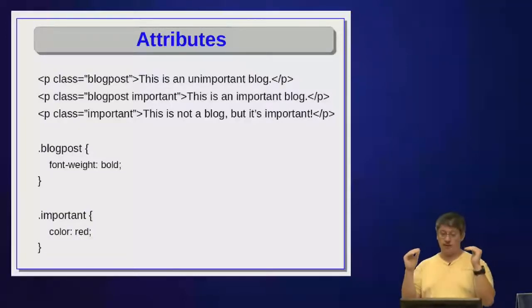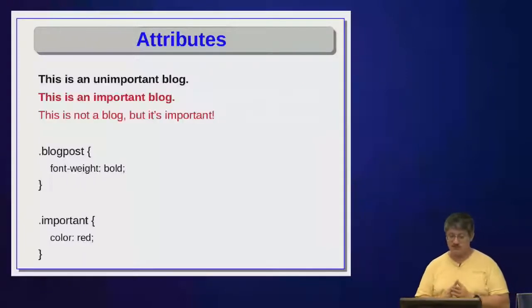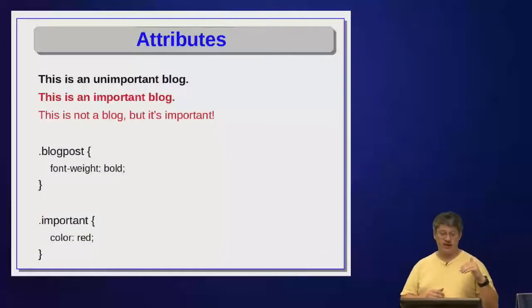So the important blog post will show up in red. This is an important blog. And the important paragraph that's not a blog post will show up in red. The one that says this is not a blog, but it's important. So that will look like this. Notice again, the bottom 2 paragraphs were marked important, so they're in red. The top 2 paragraphs were marked as blog posts, so they're bolded.